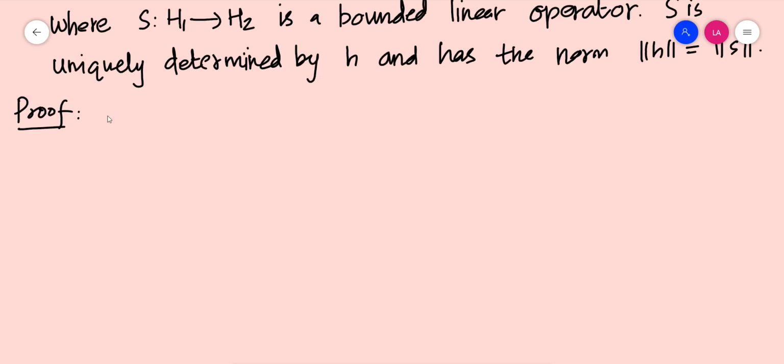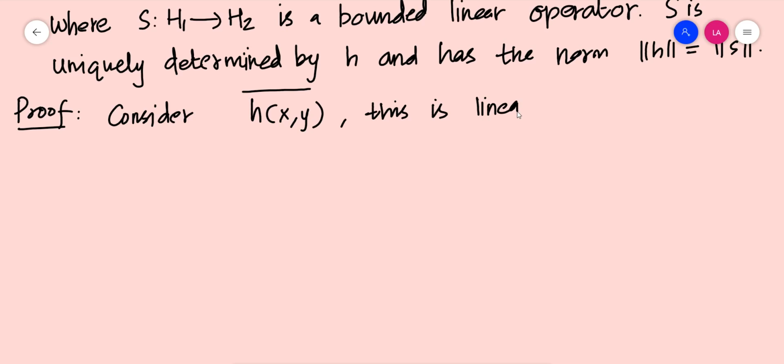So for that, consider the conjugate of h of x, y. This is linear with respect to y, because you are fixing x and changing y.